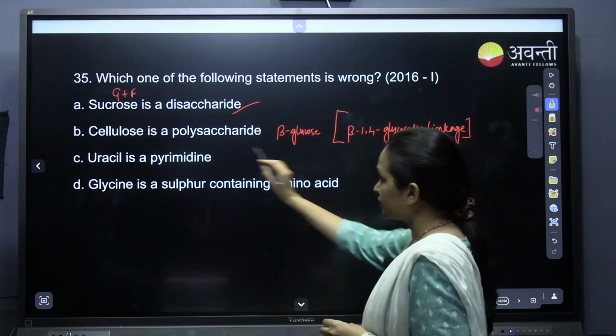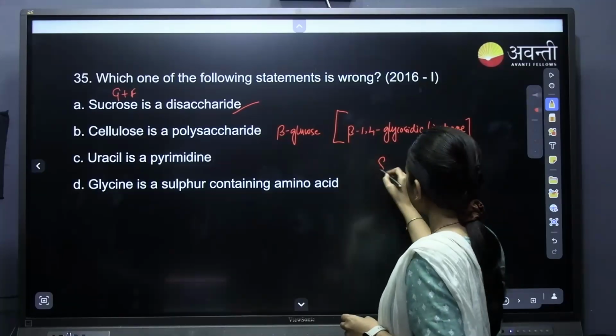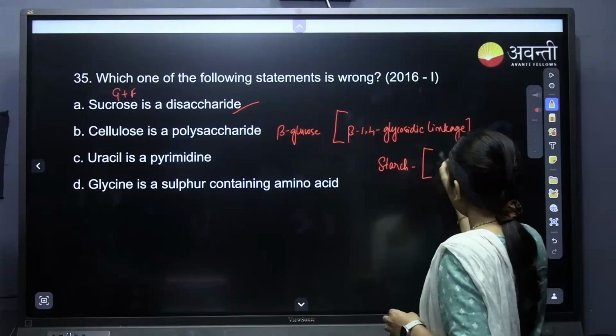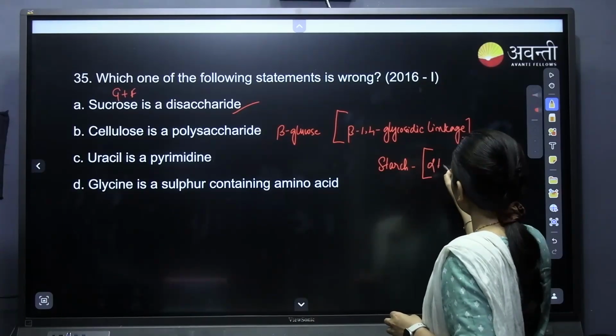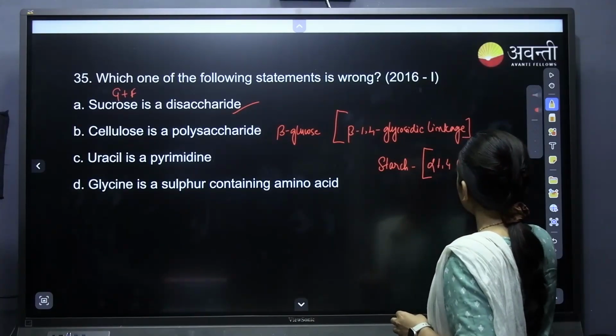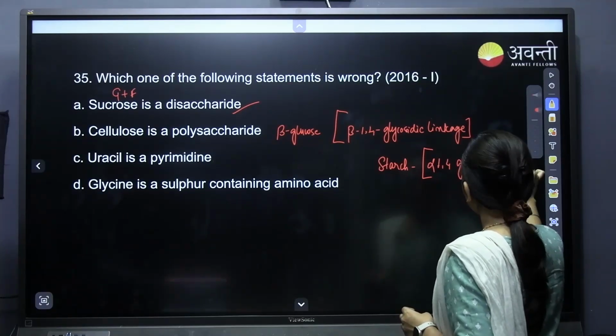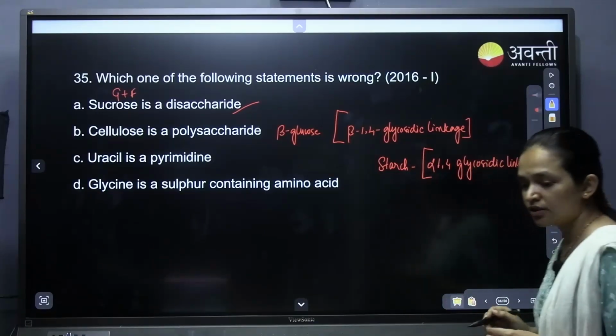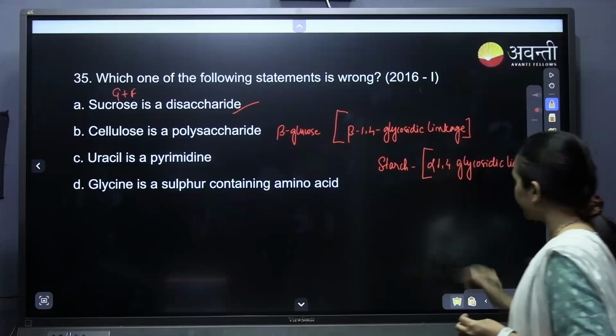That is cellulose. When it comes to starch, I'll give you just quick information. It is made up of alpha 1,4 glycosidic linkage. Also, we can see the starch is branched.